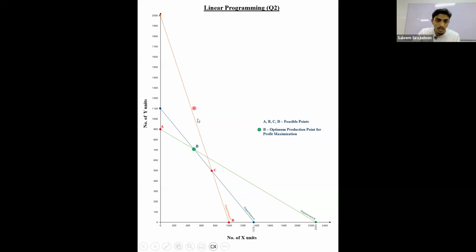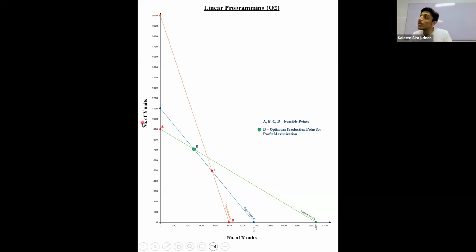Now these are the quantities we have found using the constraint, right? So the contribution which you are assuming should give the quantities closer to these quantities. Y should be closer to 900. X should be closer to 1000.